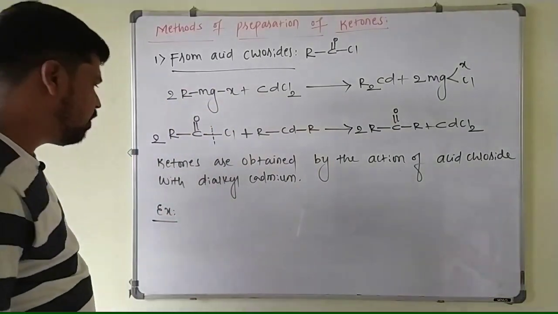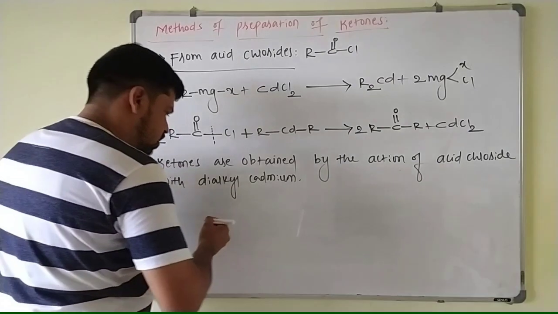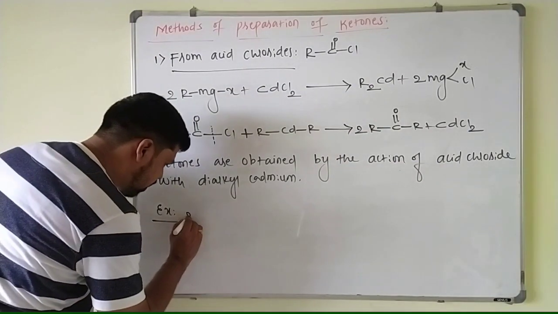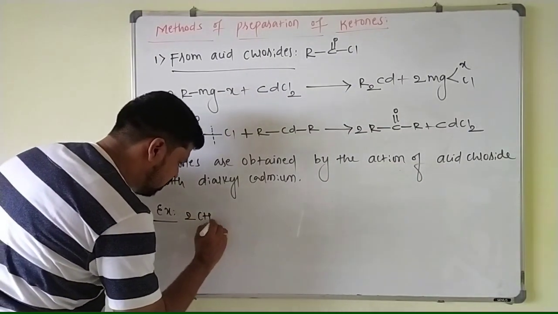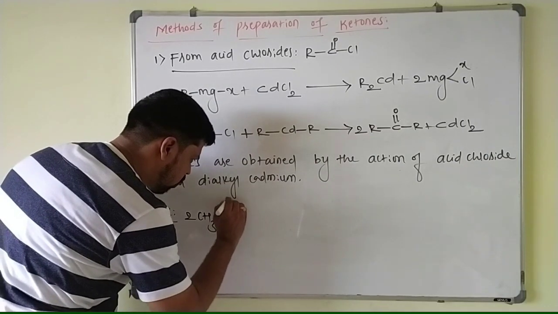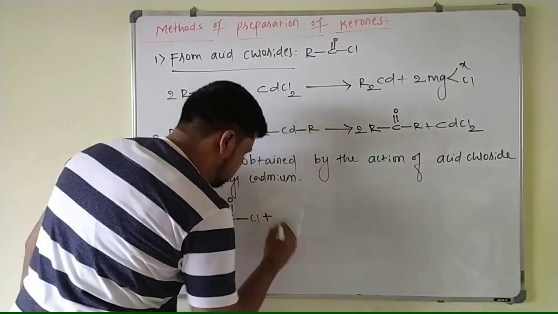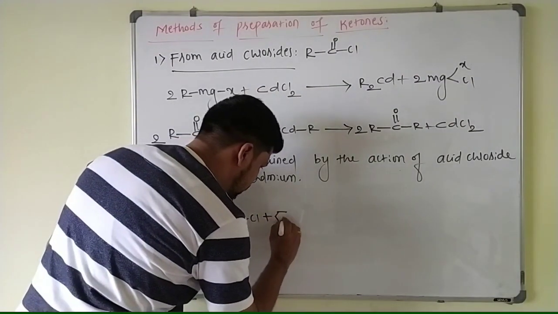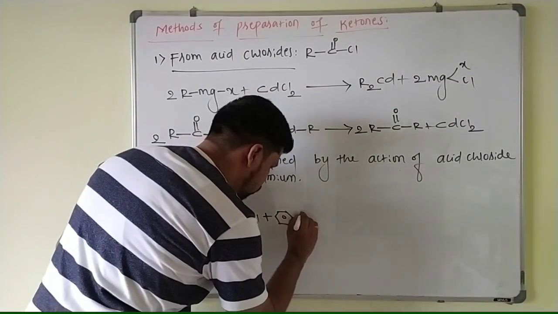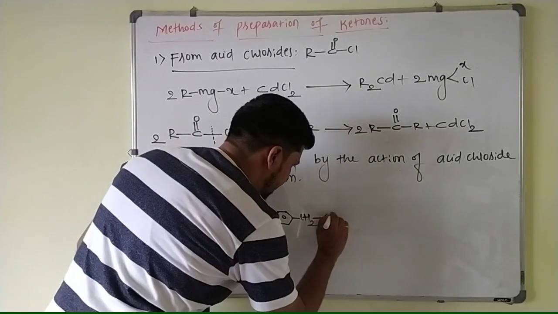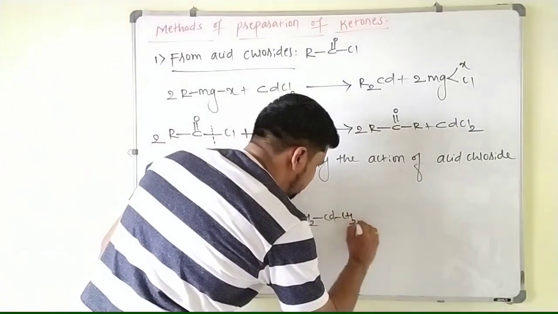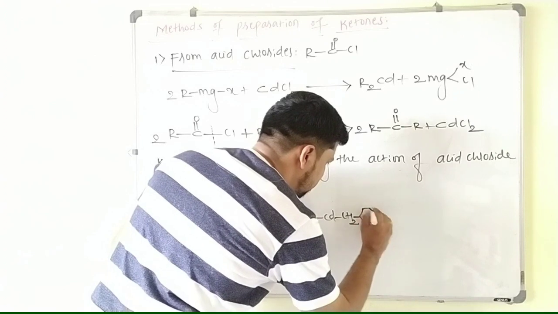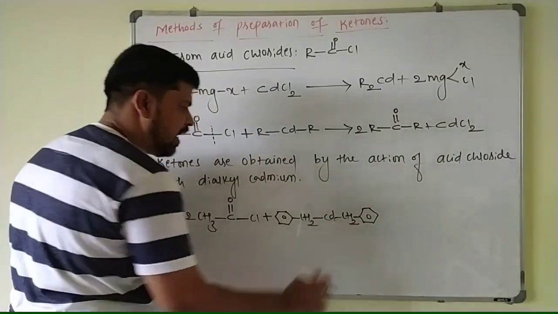suppose I take dibenzyl cadmium treated with acetyl chloride. I will take 2 moles of acetyl chloride, CH3 C double bond O Cl. This on treating with dibenzyl cadmium. This is one benzyl group connected to the cadmium and this is another benzyl group connected to the cadmium here. This is dialkyl cadmium.